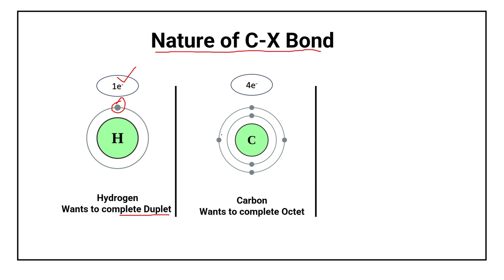Similarly, a carbon atom has 4 electrons in its outermost shell, and in order to complete its octet, it needs to gain 4 more electrons.